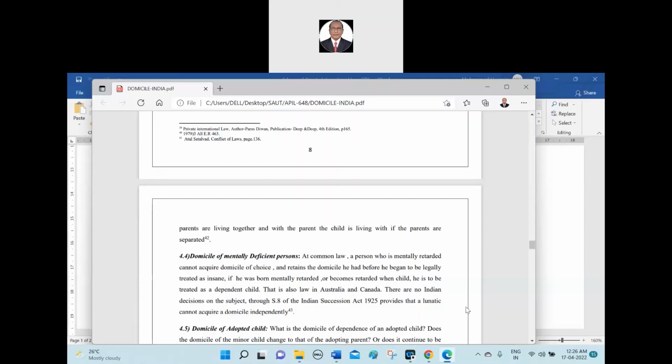If he is born mentally retarded or becomes retarded as a child, he is to be treated as a dependent child. This is how the law works in Australia and Canada. There are no Indian decisions. But if it is a lunatic, a mentally retarded person, what would his domicile be?